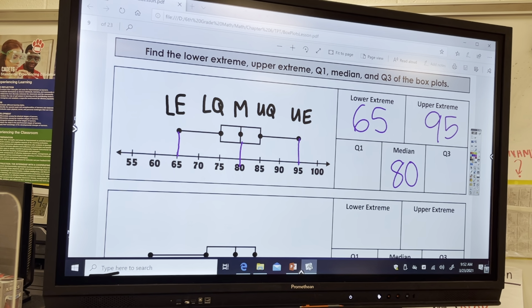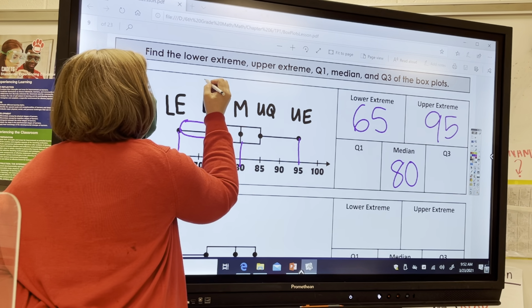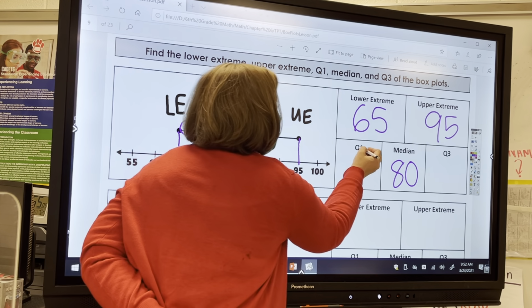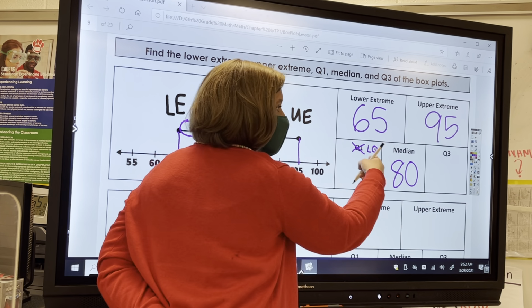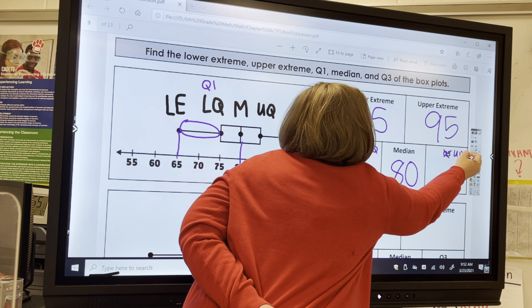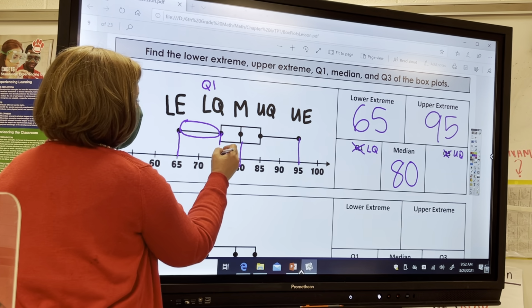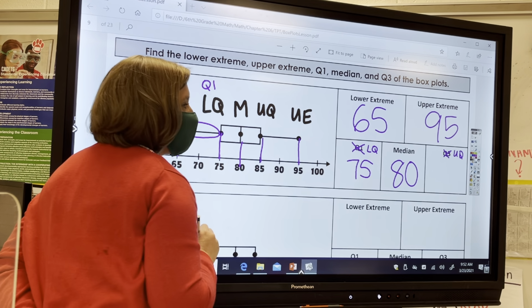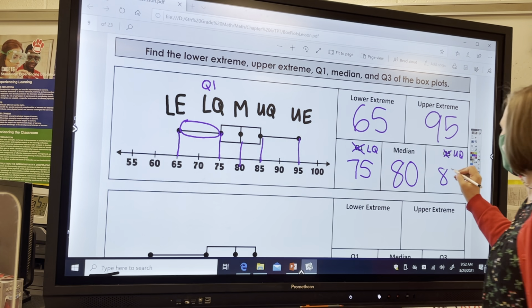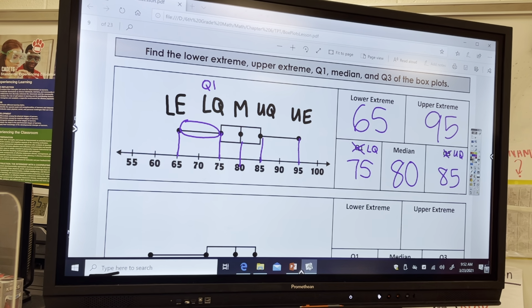We didn't call it quarter three, okay? But we should be able to tell this part of our box plot is the first quarter. So this one would be Q1. So I want you to mark, well, don't mark it on your paper because you don't have this. And we're going to do lower quartile and upper quartile. So what is the lower quartile? 75. And the upper quartile is 85. Easy peasy lemon squeezy, right?